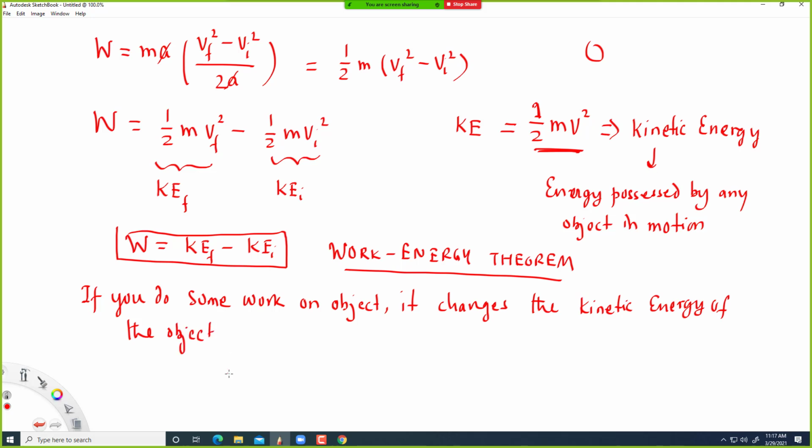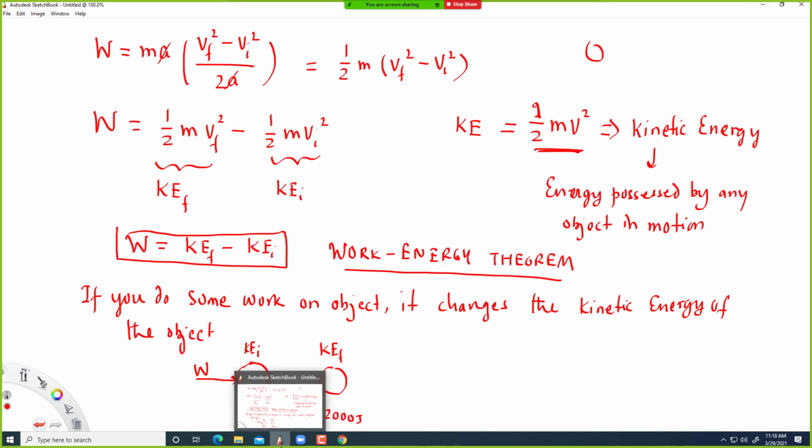Okay. So for example, let's say there is an object, it has some kinetic energy KE1, and if you do some work, push it or pull it, then that work will change its kinetic energy. If it has 1000 joules of initial kinetic energy, then your work will either increase or decrease the kinetic energy. Let's say it increases to 2000 joules.